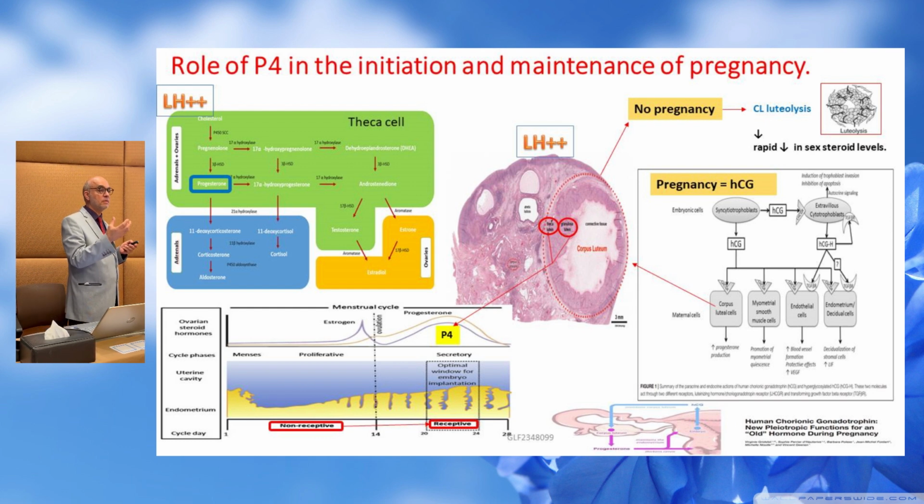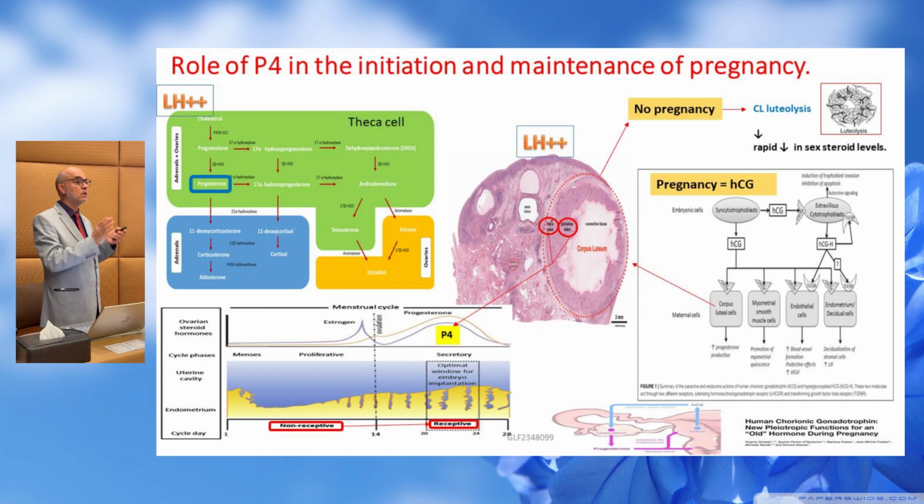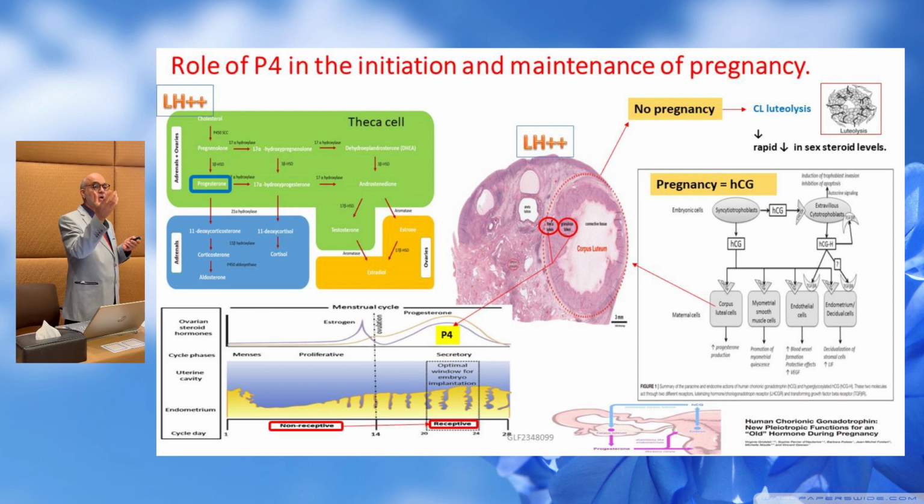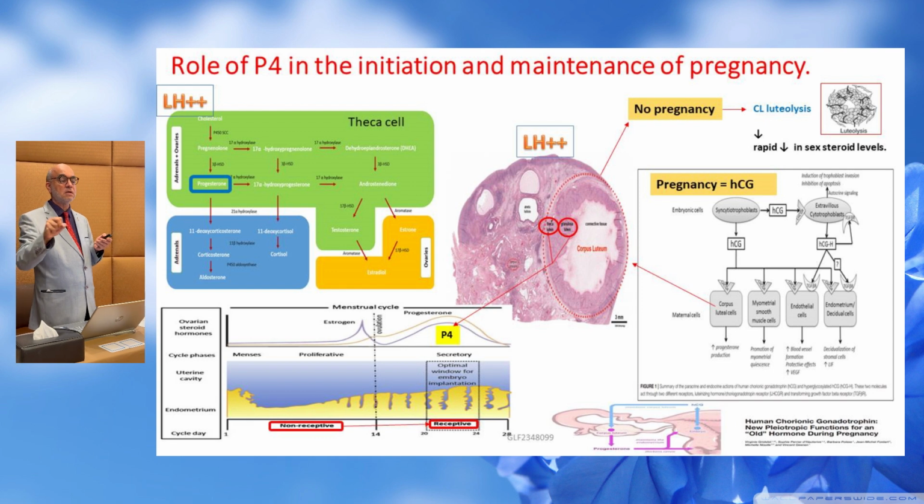And the corpus luteum secretes progesterone to change the endometrium from non-responsive or non-receptive into receptive endometrium to be ready for implantation. But if no fertilization occurs, the corpus luteum will shrink, and this will lead to luteolysis, and the corpus luteum will die, okay? In such a case, decrease of progesterone.